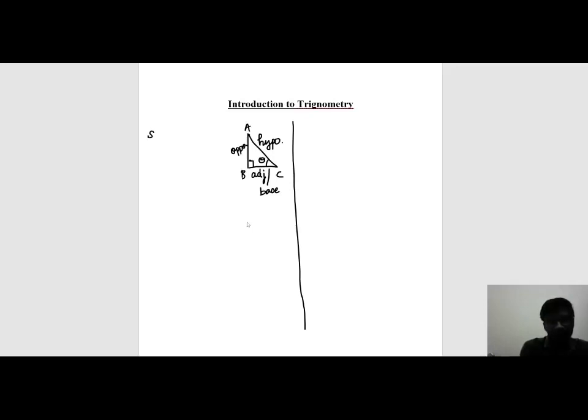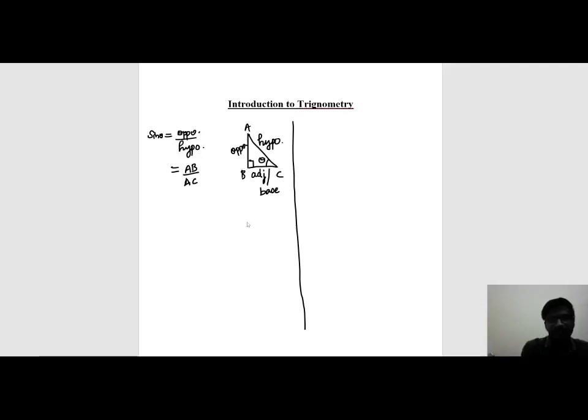Now since I have explained that there are 6 trigonometric ratios, let me name them one by one. First one is sine theta. Sine theta is nothing but the opposite side by the hypotenuse, that is AB divided by AC.